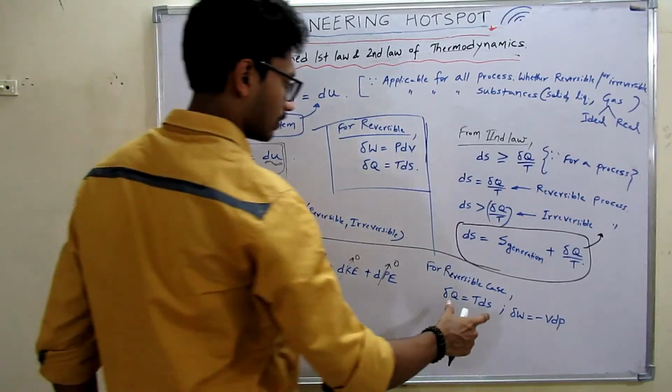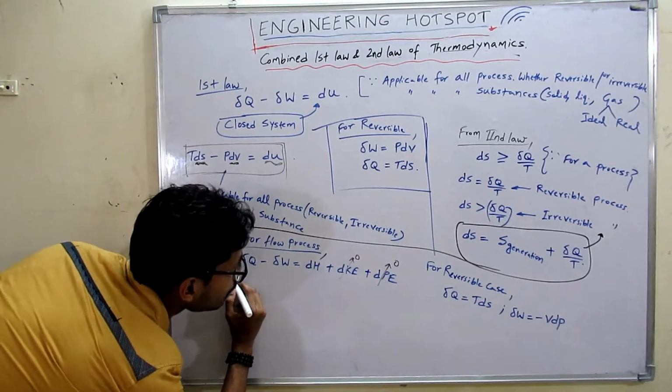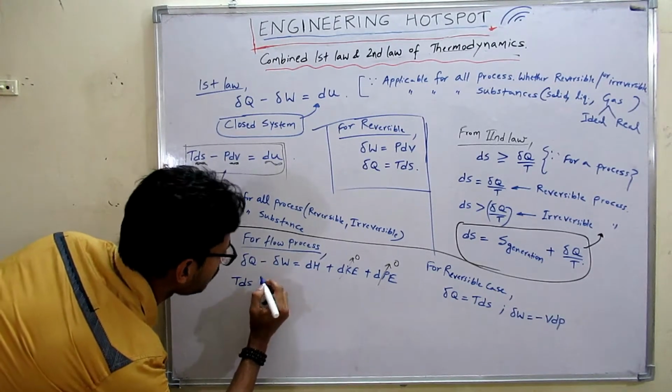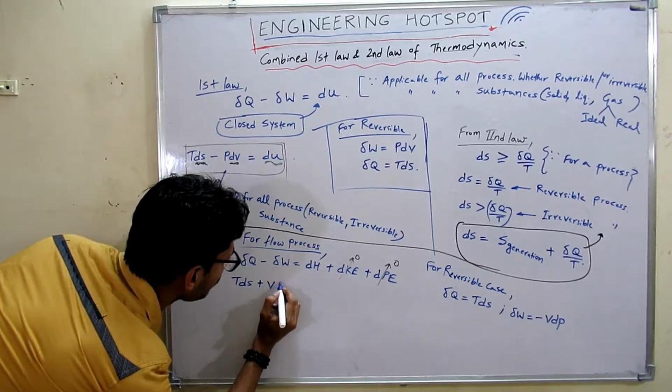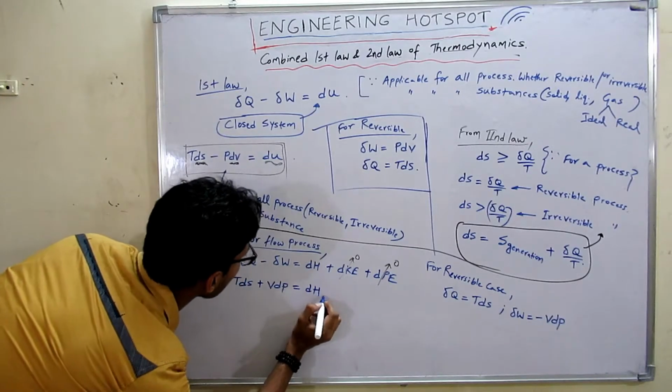This is applicable only for reversible case. Now substitute here. So it will be TdS plus VdP is equal to dH.